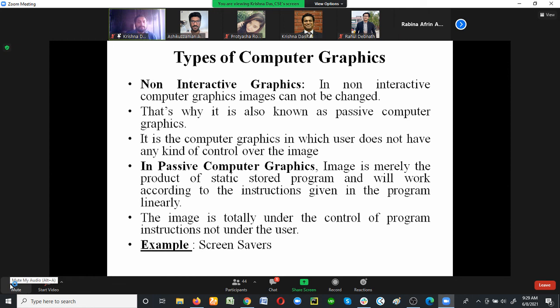Sir, up to this it's okay, but about the question bit, if we consider a 1-bit machine, that means 2 to the power 1, so we can represent only 2 colors, like black and white. Before Windows XP, we were using 2000, and there we mostly found black and white devices. That means their bit depth was very low. I have used that as well.